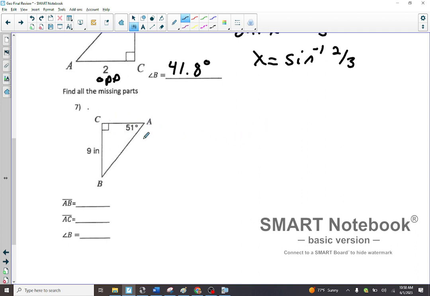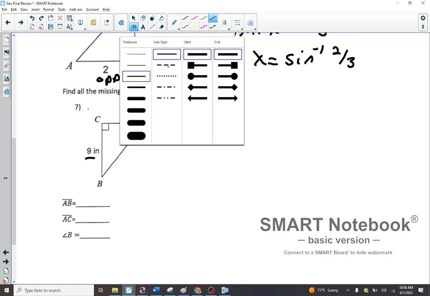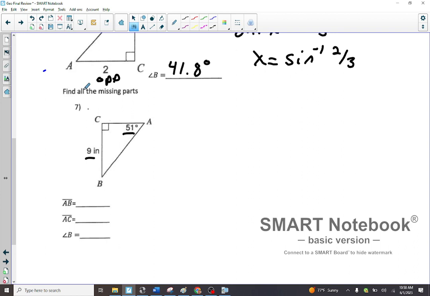All right, this one, we've got to find all the missing parts of the triangle. All I have is this is 51 degrees, and this is 9. Now, first let's do the easiest thing, which is, if I know that's 51 degrees, and I know something about all triangles, the angles add up to 180.